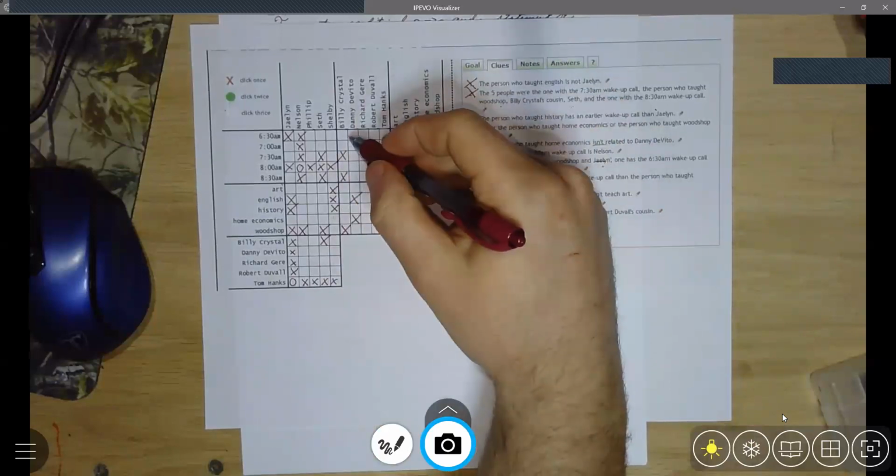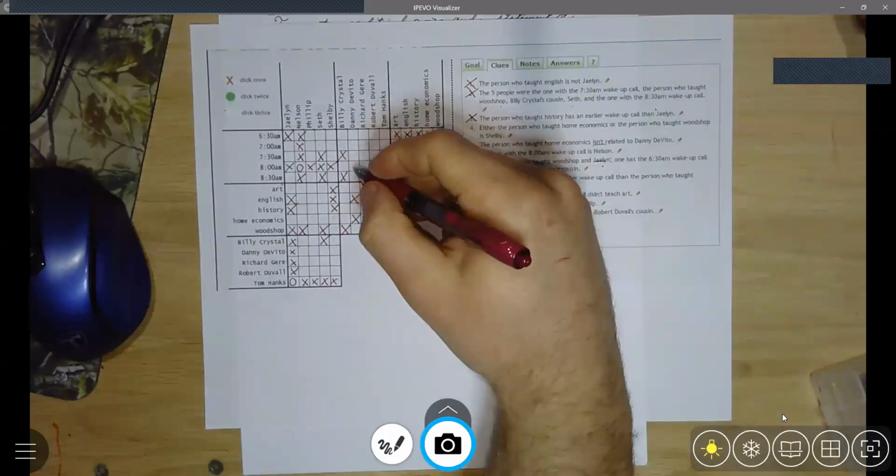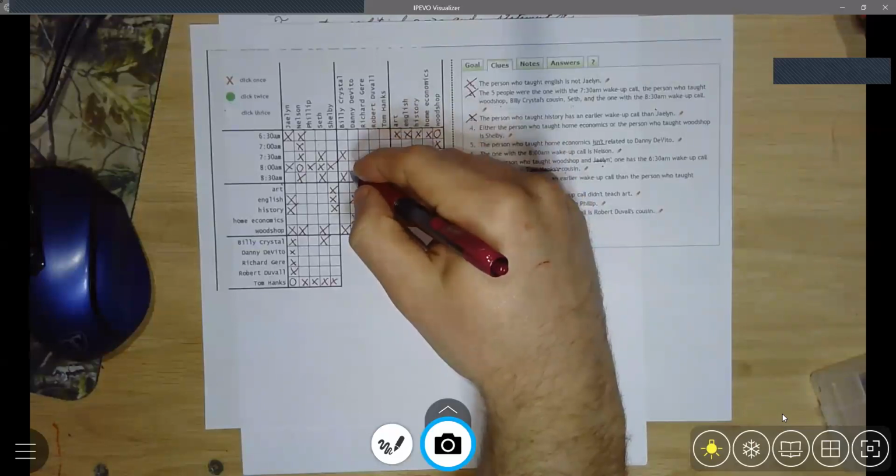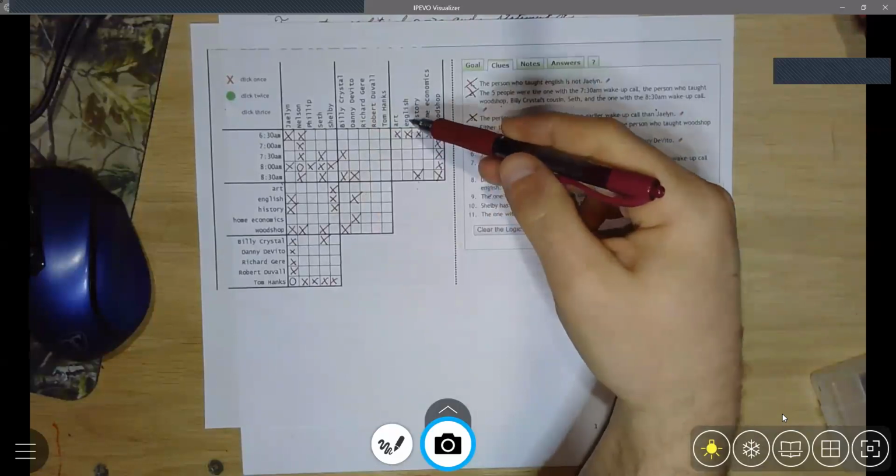So he can be in the earliest slot, but he can't be in the latest slot because it's earlier than the person who taught English. And the person who taught English, we know it's not the 6:30 slot.